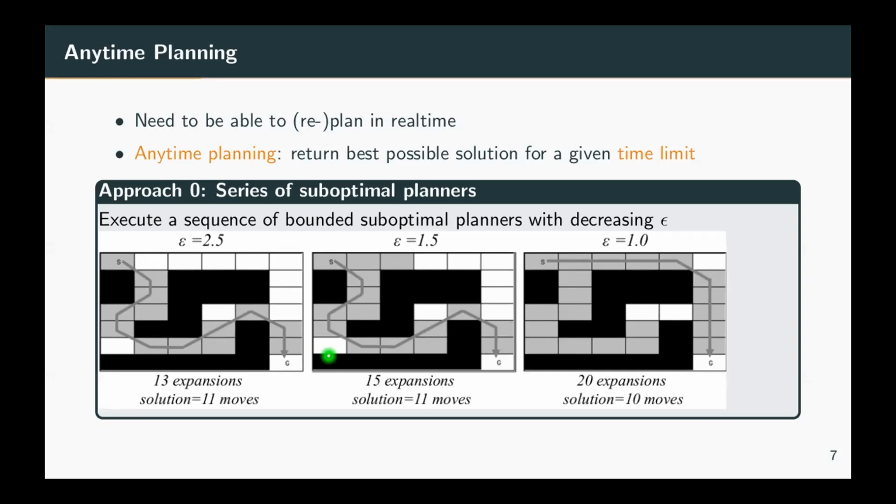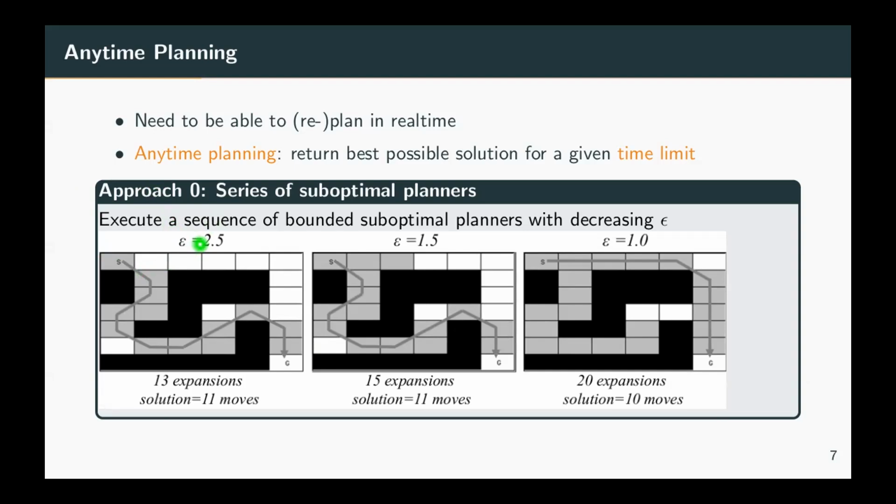So we have just seen that if we apply something like focal search, we potentially need to explore fewer states. We also had this visualization in the weighted A star. So it seems kind of logical that we just start with a really large epsilon, let's say an epsilon of 2.5. We do a search and find some solution, and then we save that solution.